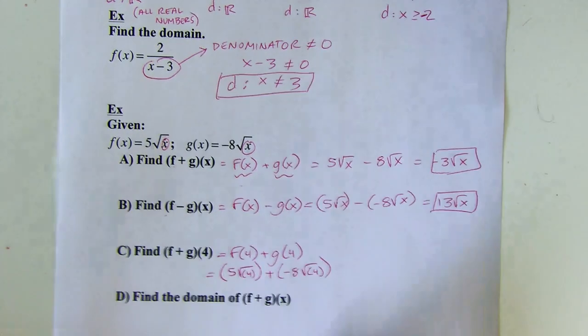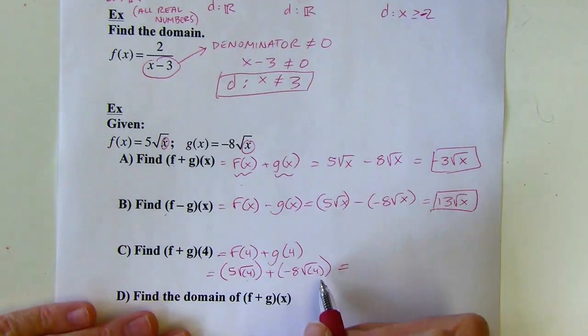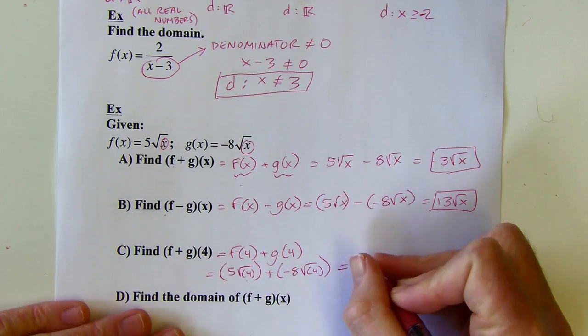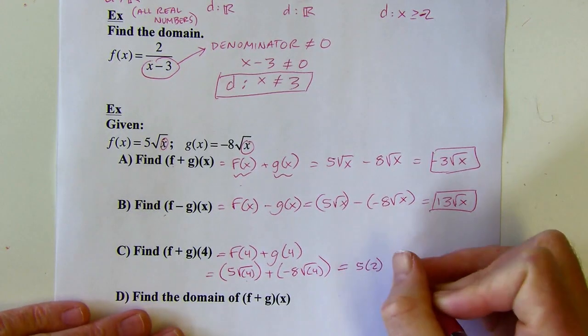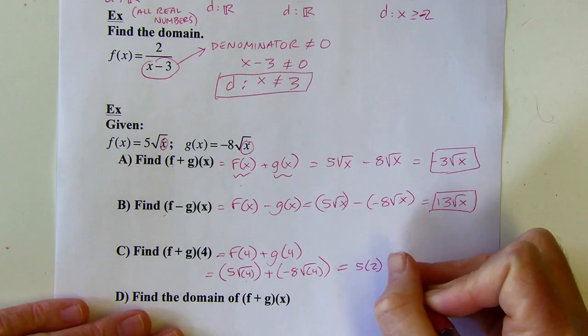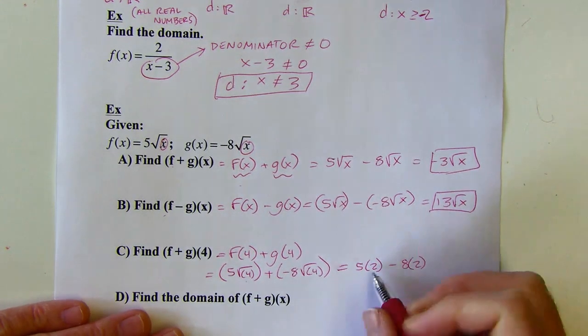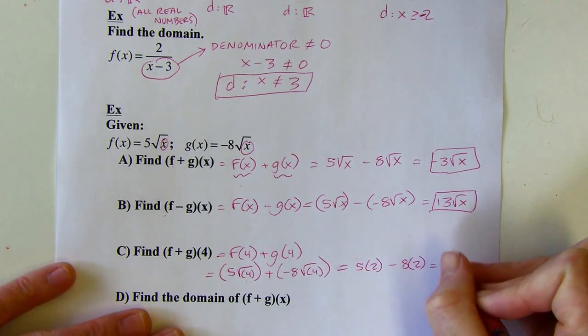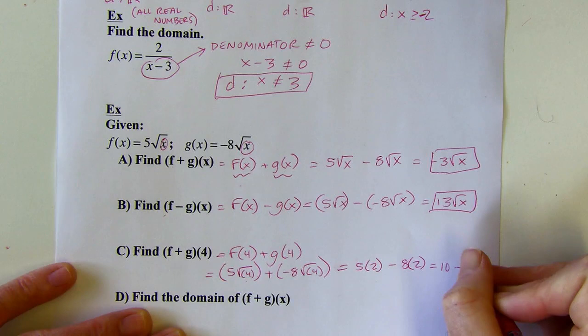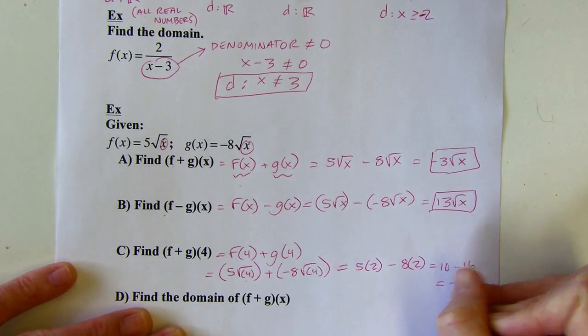And then I can start simplifying both pieces. So the square root of 4 is 2 in both terms. And I'm just using the positive root here. So then I've got 10 minus 16, which comes out to negative 6.